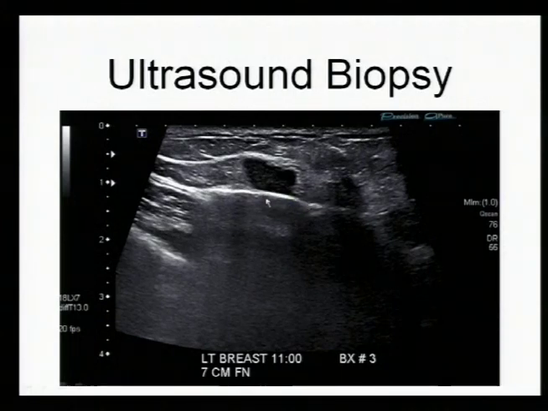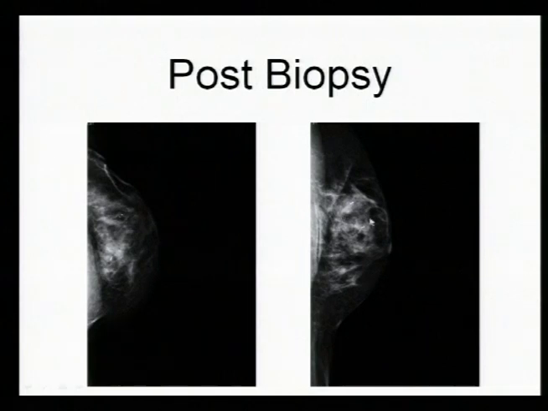In this particular patient, we did an ultrasound biopsy. What we do for the surgeons afterwards is place a clip in the breast after we've done the biopsy, and that helps us localize exactly where we've done the biopsy within the breast. In this patient, she proceeded on to a mastectomy.